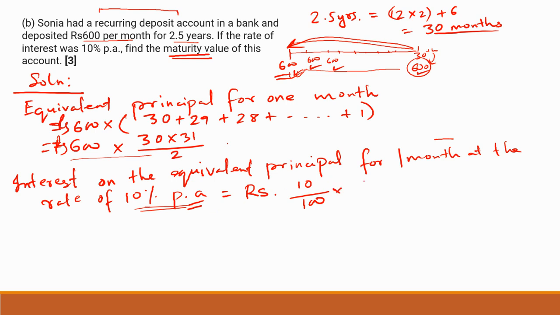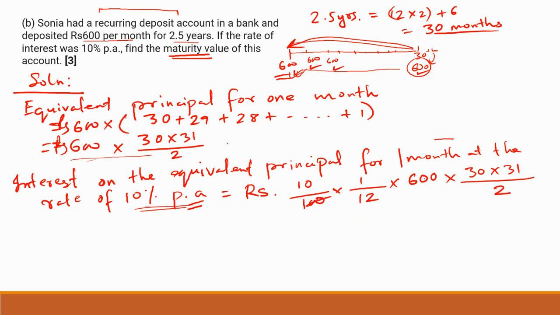So what is the rate for 1 month? It's 1 by 12, right? And what is the equivalent principal for 1 month? The equivalent principal is 600 times 30 times 31 divided by 2, right?